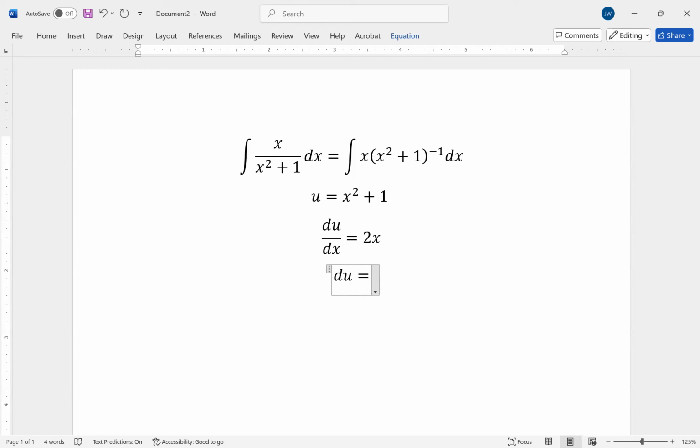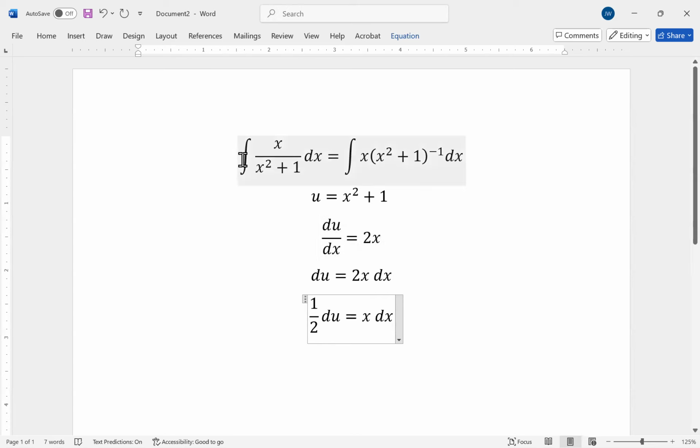I'm going to say du is equal to 2x times dx. And then because I have a single x up here and I don't have 2x, I'll divide both sides by 2. So the differential exchange that I will use is 1/2 du is equal to x dx. And then we're good to go.